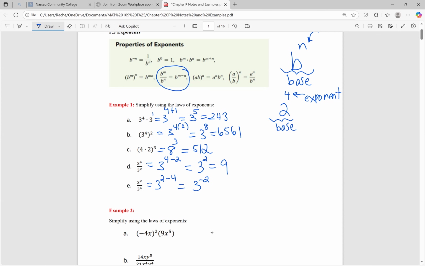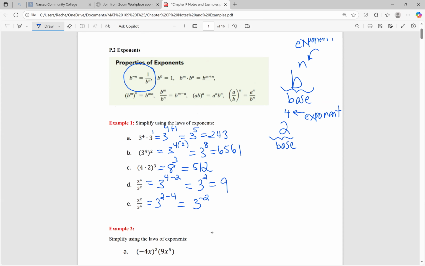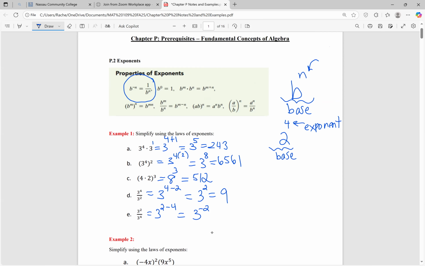So let's go to this first rule that I'm circling here, right? If I have b to the negative n, that's equivalent to 1 over b to the positive n. So if I take the reciprocal of b to the negative n, then I'm going to have a positive exponent. And let's just review reciprocal for a minute. So let's get rid of this over here, and let me show you an example.